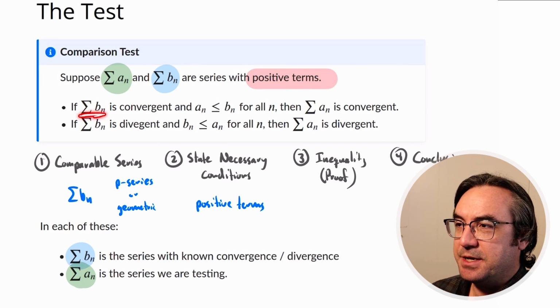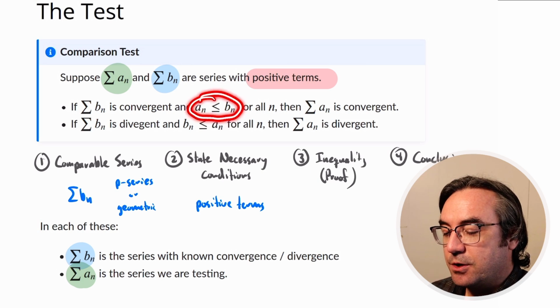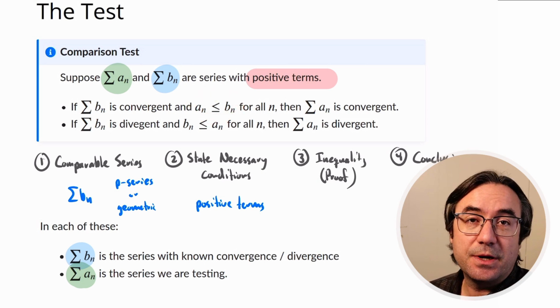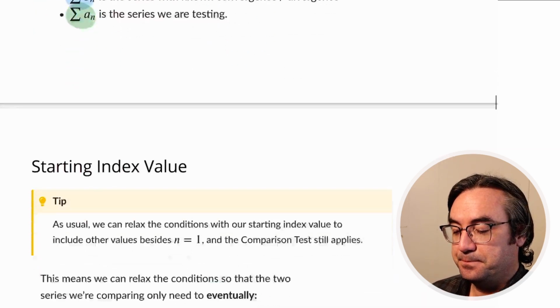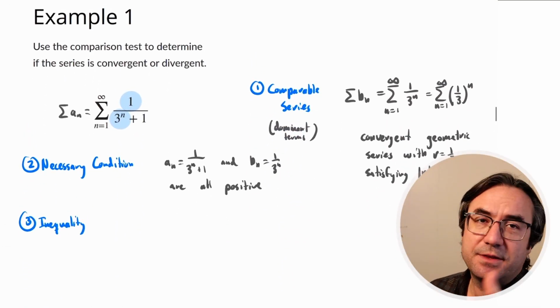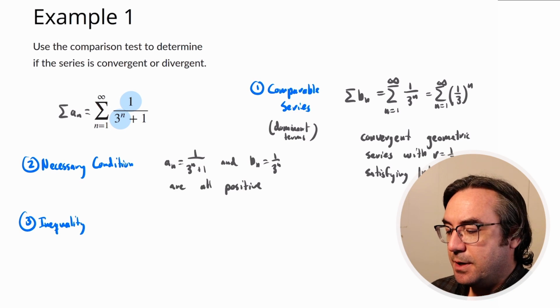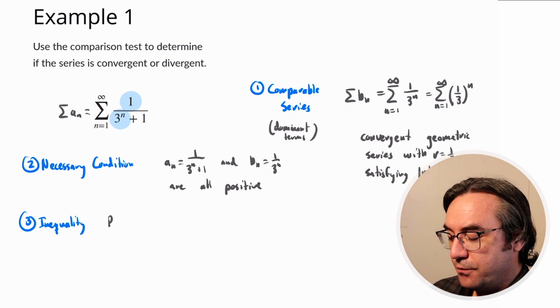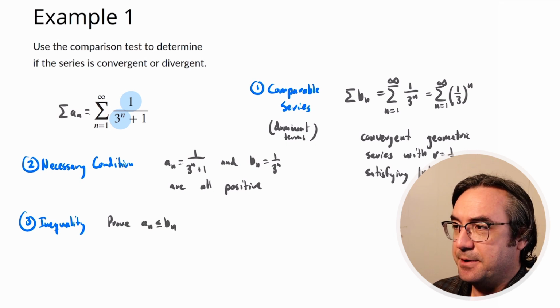Since we know sigma bn is convergent, we want to prove this inequality, that an is less than or equal to bn. If we had found that sigma bn was divergent, then we'd prove the other one. But in this case, we want to prove an is less than or equal to bn.